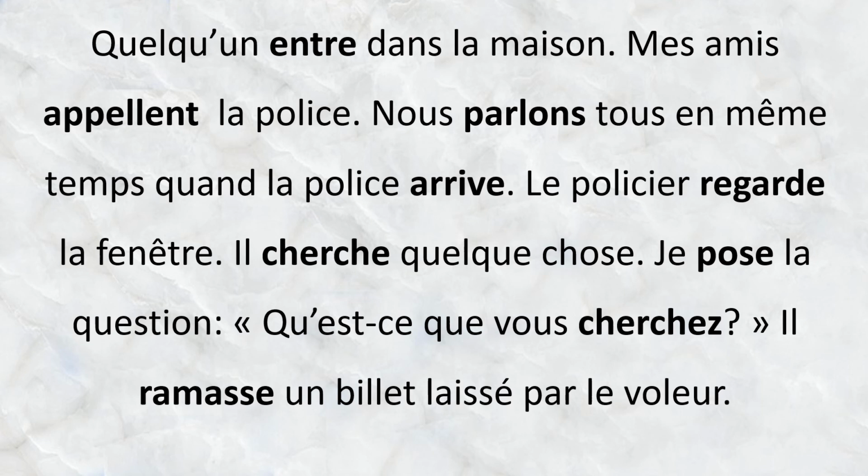The nous is quite simple because nous is already a personal pronoun. La police arrive. La police, it's feminine and it's singular, so we're going to use the she. Okay. Le policier regarde, le policier, the policeman, so it's a he. Okay, so regarde la fenêtre.